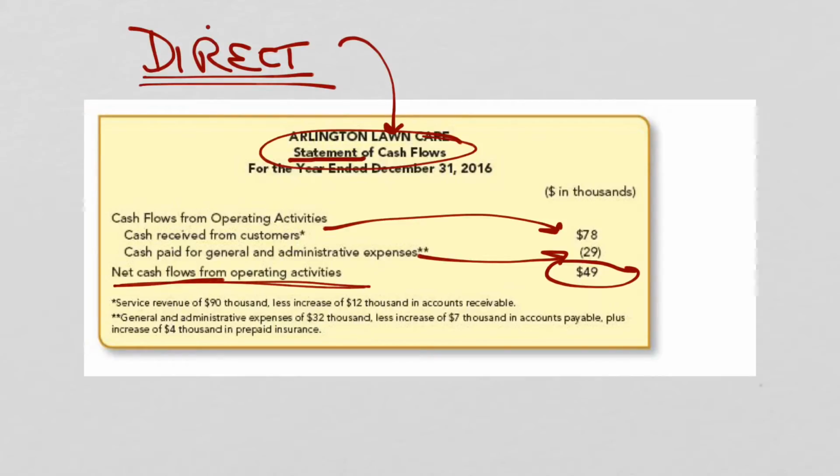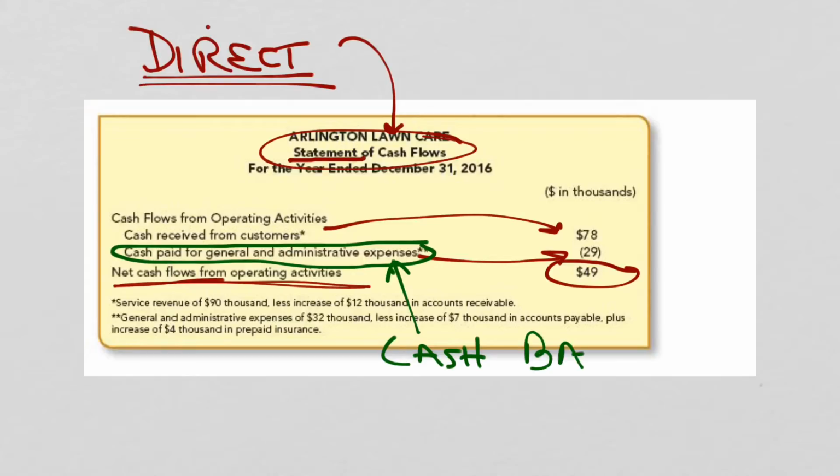In many of the reports using the direct method, this category will be broken out into the various component types of expenses like telephone, utilities, salaries, insurance, supplies, etc. So it would detail all the different accounts, but on a cash basis. And that's the direct method.